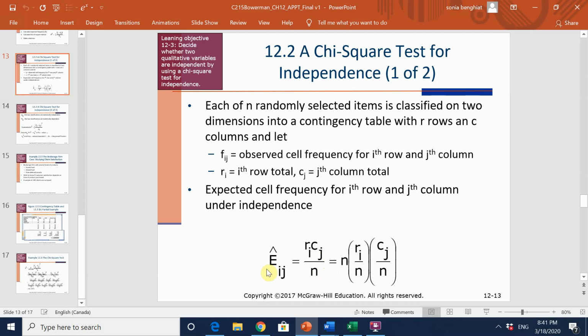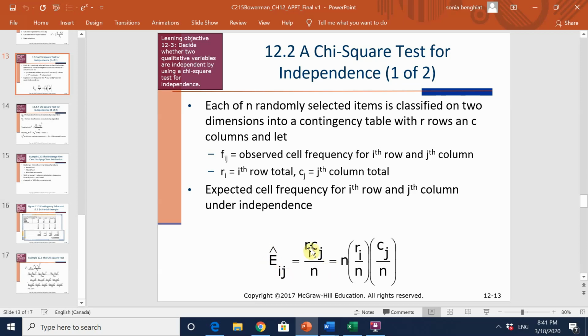Just to discuss the notation a little bit, we put a hat on expected value simply because the data that we are using is coming from our sample, our randomly selected sample of 100 observations. Hence, this is a sample expected value.